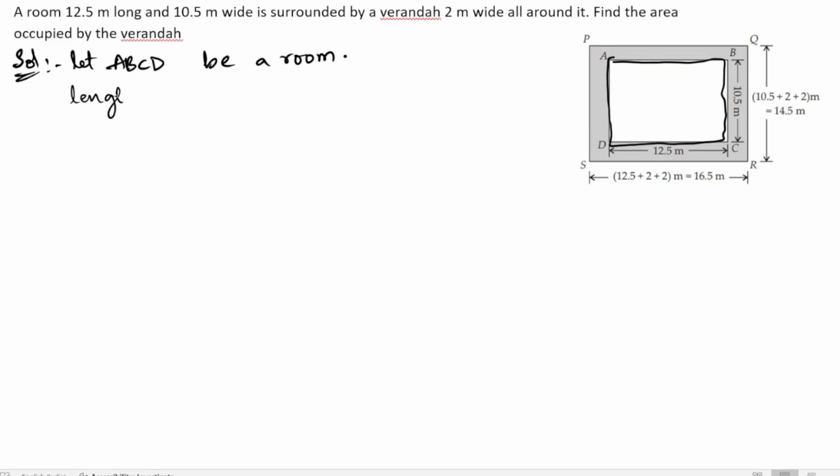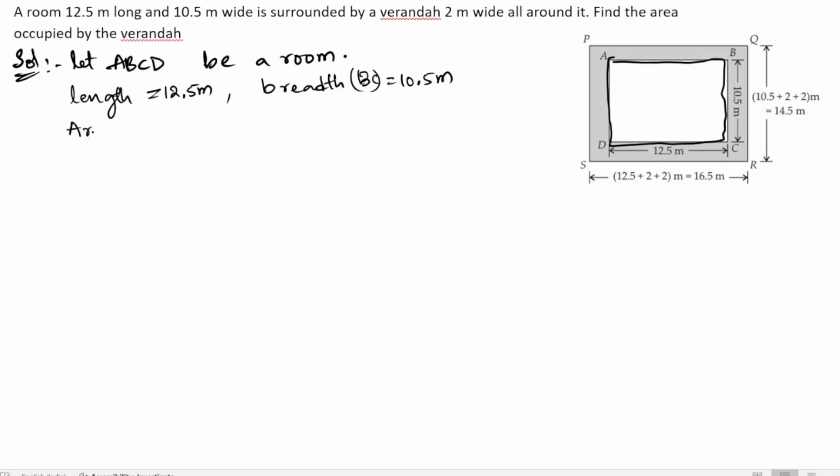Next, the length of the room is given as 12.5 meters, and the breadth BC is 10.5 meters. So now we have the length and breadth.